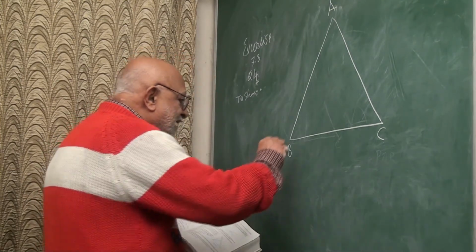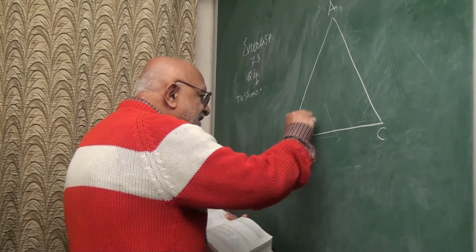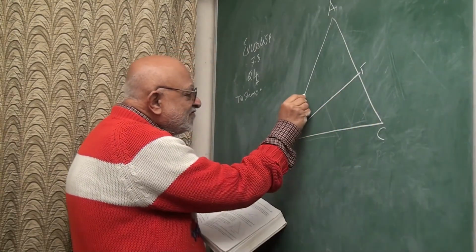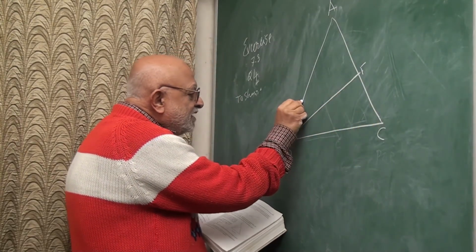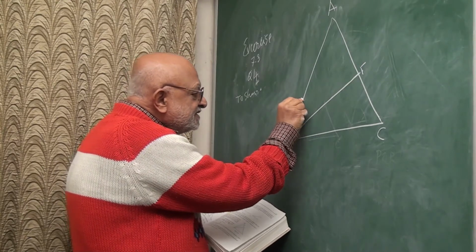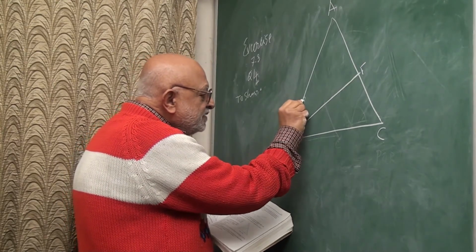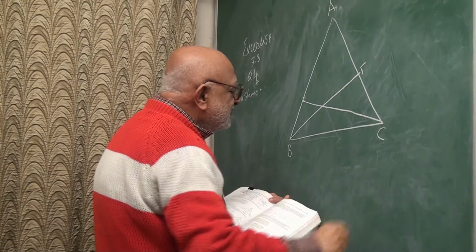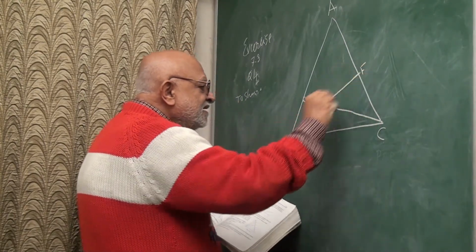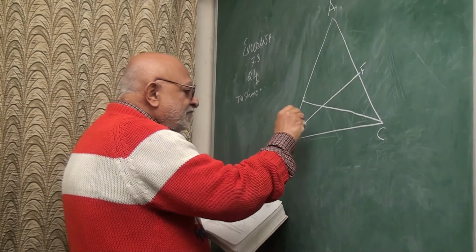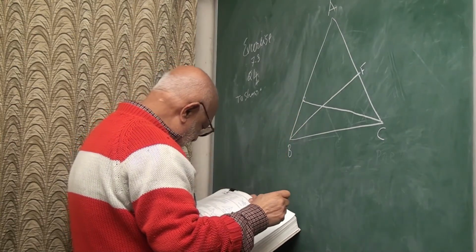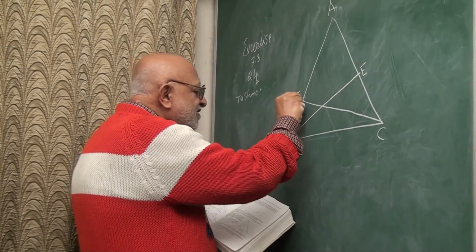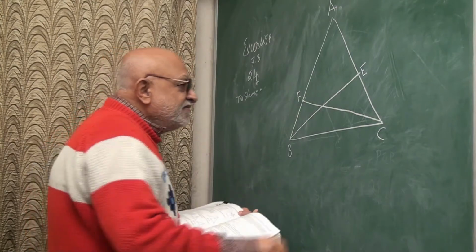So why do I have to draw it like this? Since they are altitudes, this angle should be 90 degrees. So I should draw it like this. This is BE and this is CF.